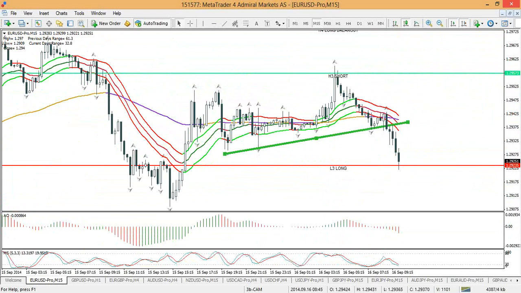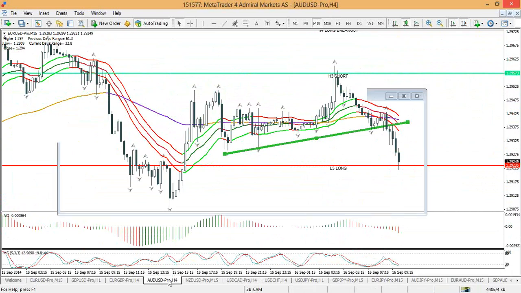So although it reaches the L3 now, I want to see a bounce and then break. This is what we saw basically with the pound and the euro yen on 50-minute time frames. Sometimes on 5 minutes, if things are really accelerating, it could be worth it.